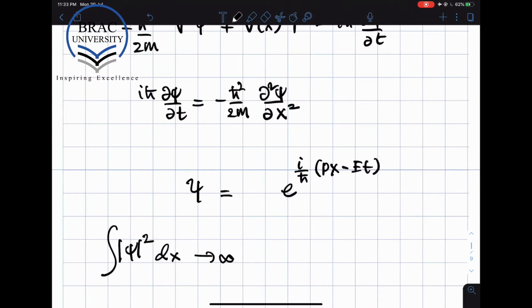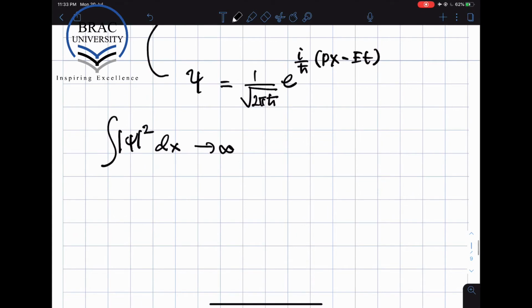By convention, the normalization constant used for this wave function is 1 over square root of 2 pi h bar. We can plug this into our Schrodinger equation, and as a result, the energy is given by p squared by 2m.